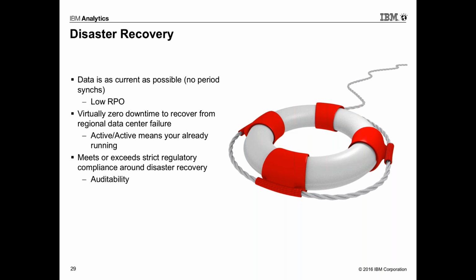With Big Replicate, essentially you have zero downtime. If something catastrophic happens at your primary data center, the work can be transferred to the disaster recovery cluster with essentially zero downtime, because all the data are there already. And this is very important, because for some industries under very strict regulatory compliance around disaster recovery, Big Replicate allows you to achieve that auditability.